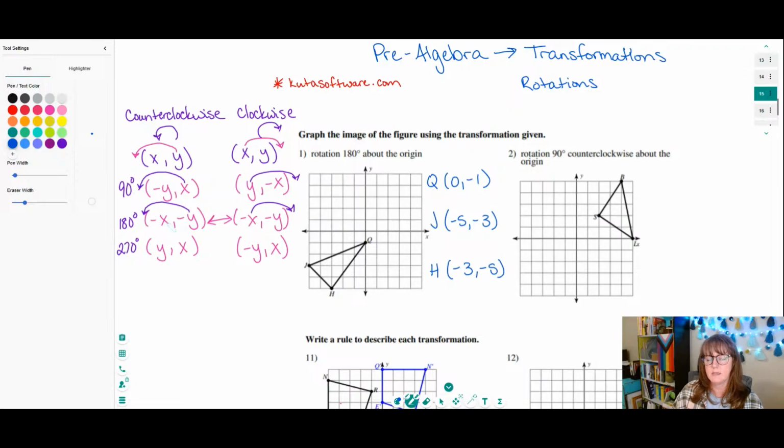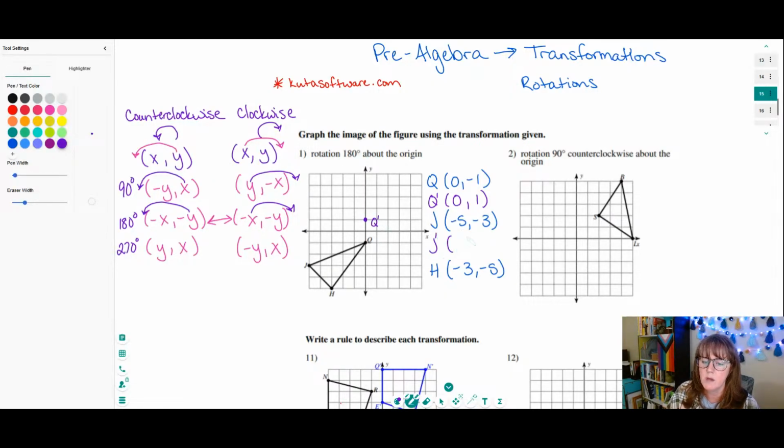The X and the Y stay in their same position, but the signs are going to change. So for Q prime, for 0, there's no such thing as positive or negative 0. So 0 is just always going to stay 0. But then our -1 is going to change to a +1. So I'm going to go ahead and graph that at 0, +1. So that's where Q prime is going to live.